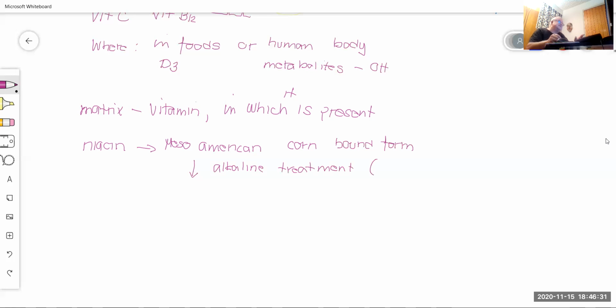So they actually took this, is it hardwood ash, lehtipuun tuhkaa, and they were soaking the corn material in the alkaline medium or liquid, and they actually released this free niacin from the bound form.